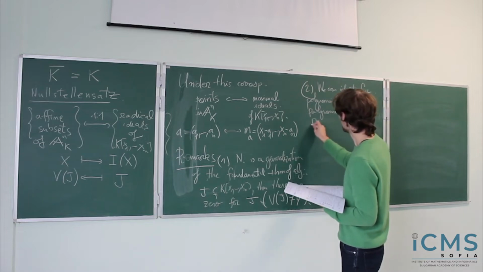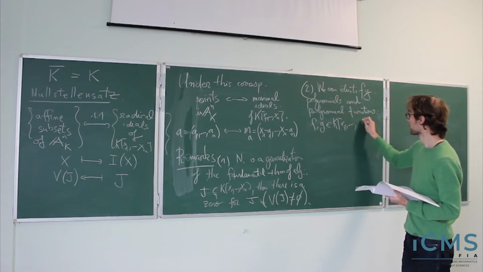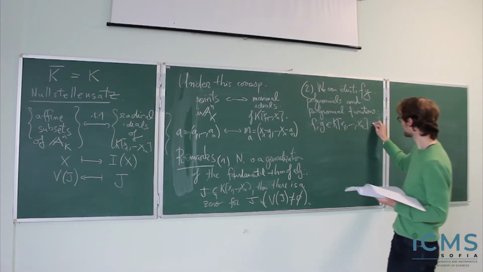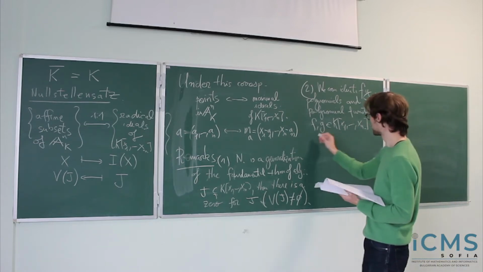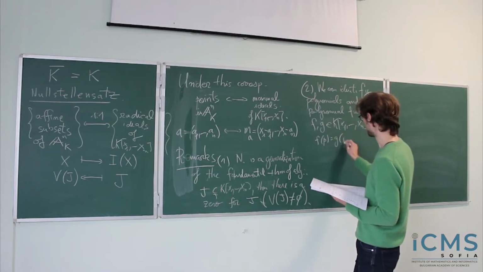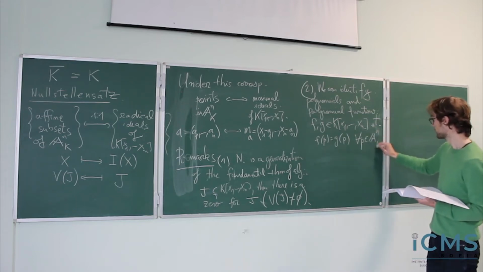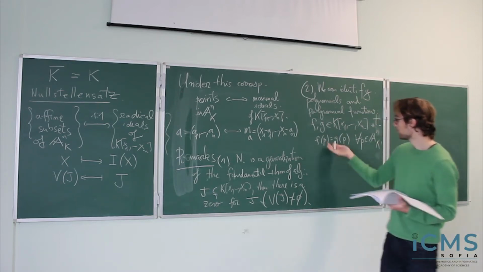If I have two polynomials f and g such that f(p) is equal to g(p) for all p in the n space, then what does this mean?